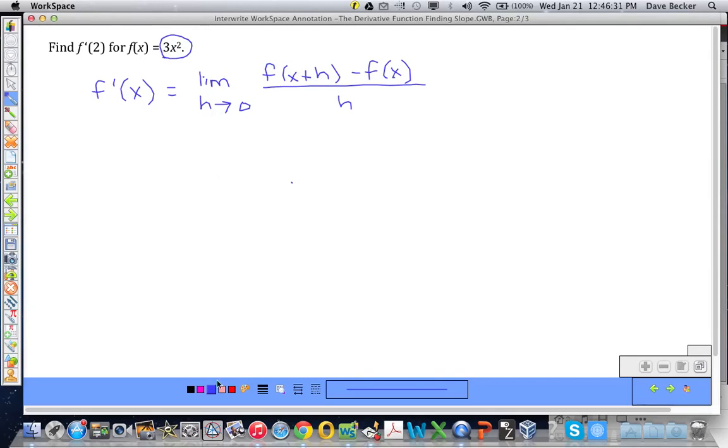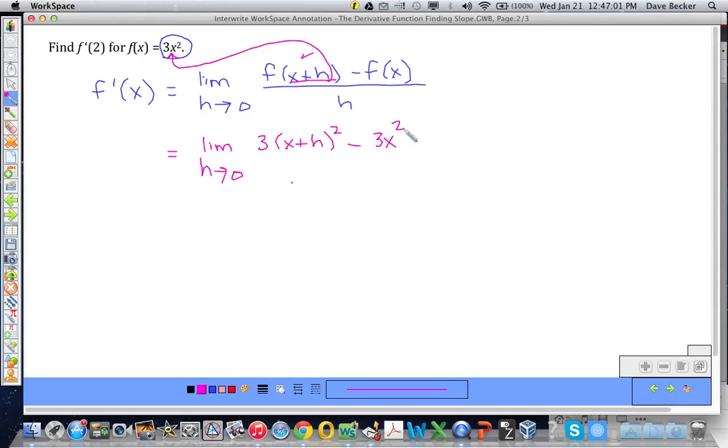So I am going to take the 3x squared here, and I am going to replace this x with x plus h. So this becomes the limit as h approaches 0 of 3 times the quantity x plus h, squared. So I've taken care of this. Ka-ching! Minus f of x, minus the original function, minus 3x squared.